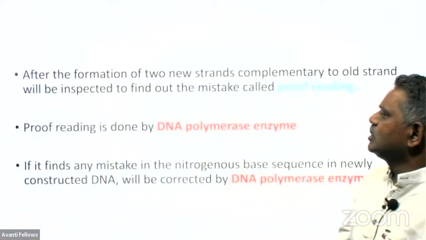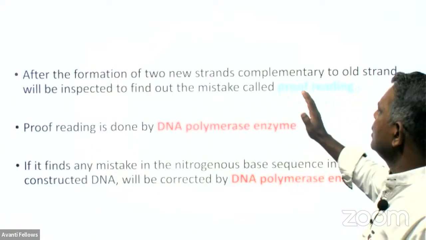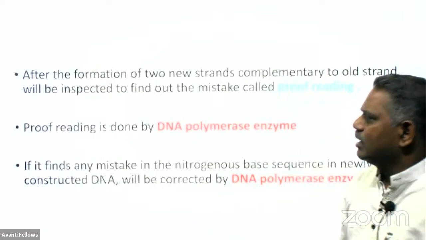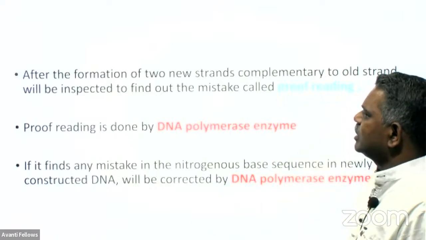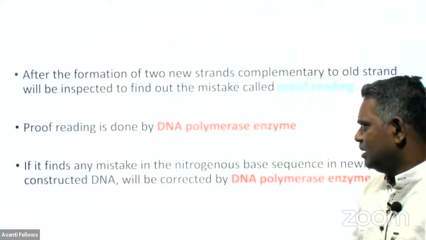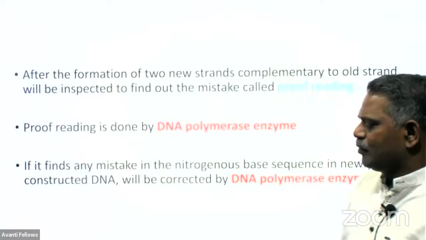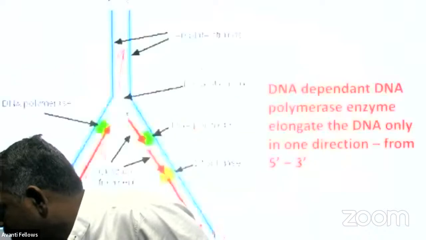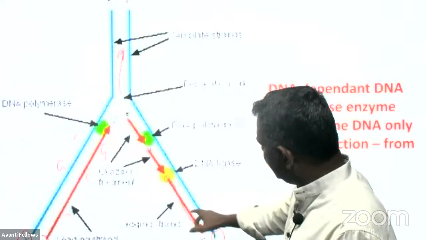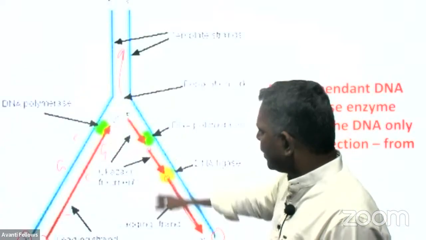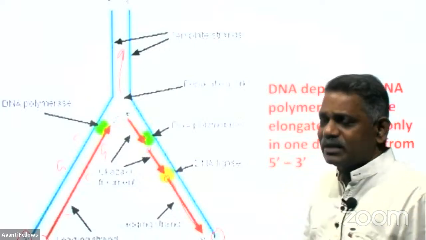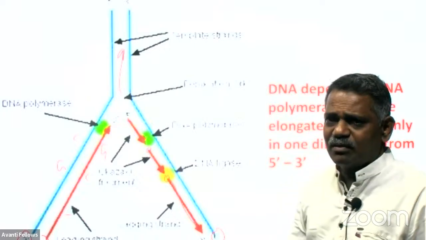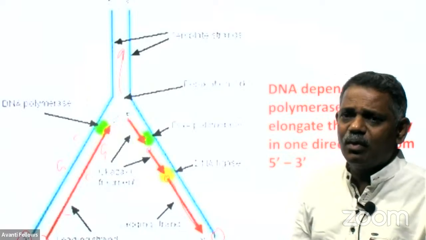See, after the formation of two new strands complementary to the old strand, they will be inspected to find out the mistake. That is called proofreading. And here, after making the DNA in the form of fragments, there is an enzyme called ligase enzyme, called the biological glue.